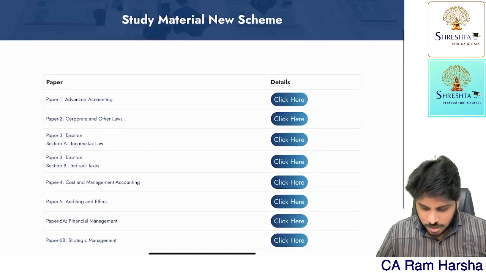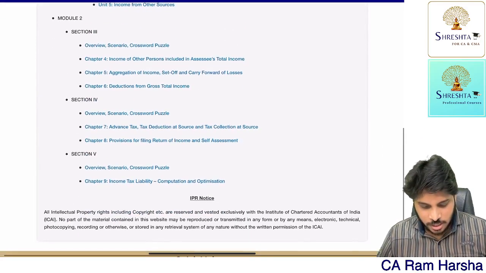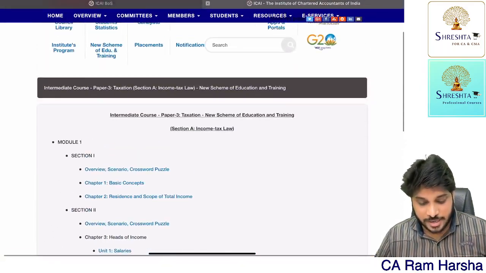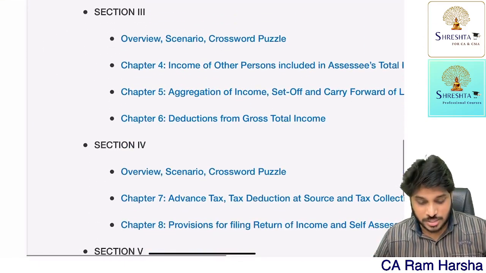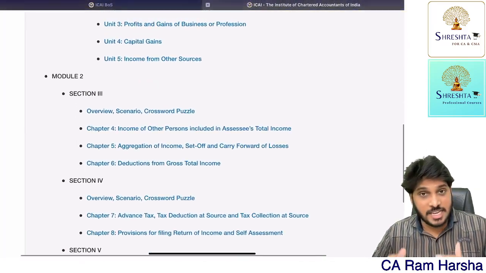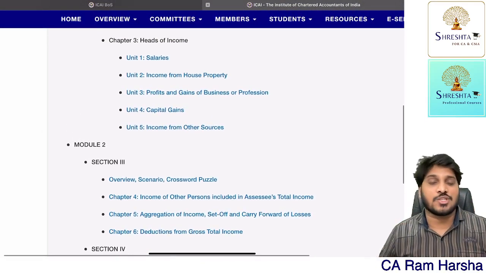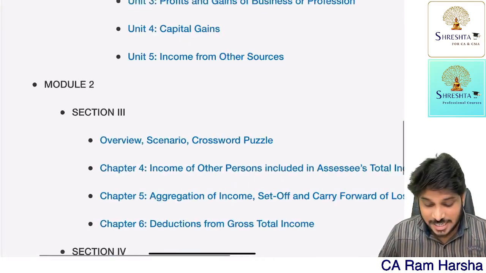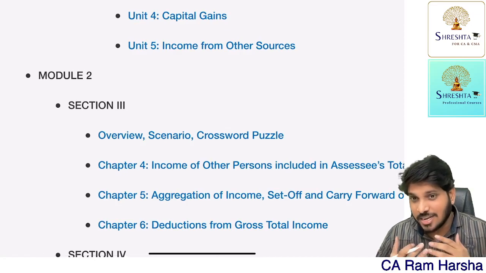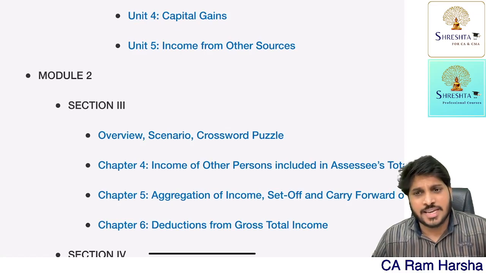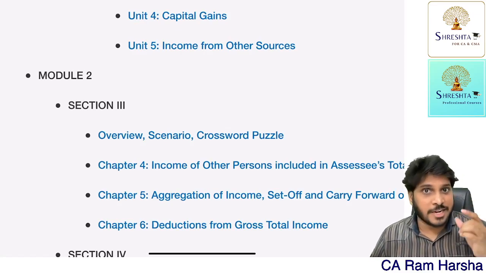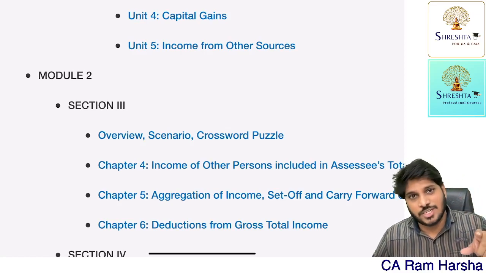You can see here that totally 9 chapters are there. These 9 chapters are divided into 5 sections: section 1, section 2, section 3, section 4, section 5. For each of these sections, crossword puzzles were developed, and not only that, case scenarios were also given. Earlier, you might have learned case scenarios from a separate MCQ book, inside which case study based questions were there.